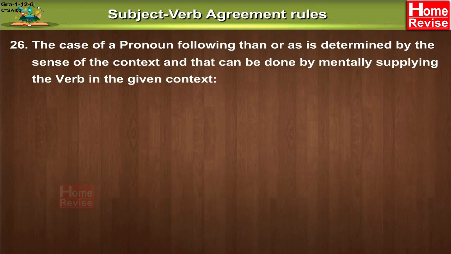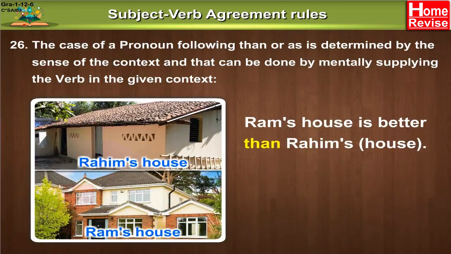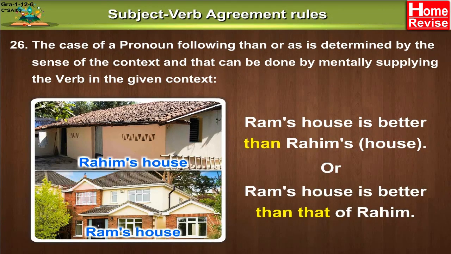26. The case of a pronoun following than or as is determined by the sense of the context, and that can be done by mentally supplying the verb in the given context. Ram's house is better than Rahim's means Rahim's house. Or Ram's house is better than that of Rahim.